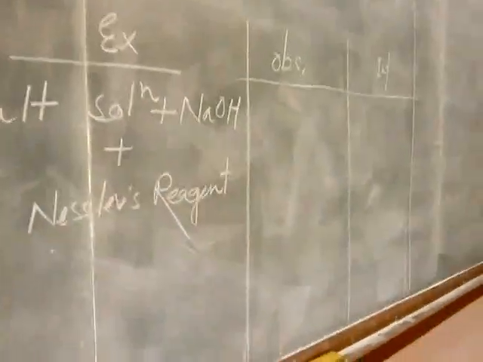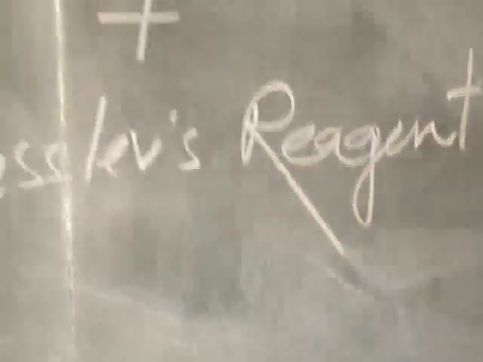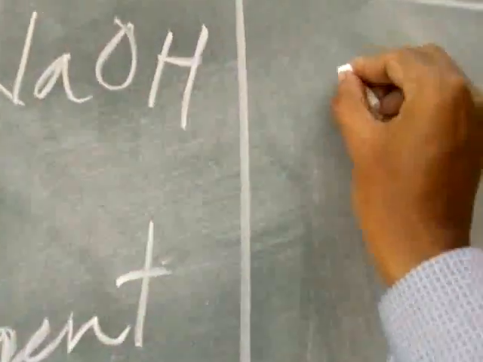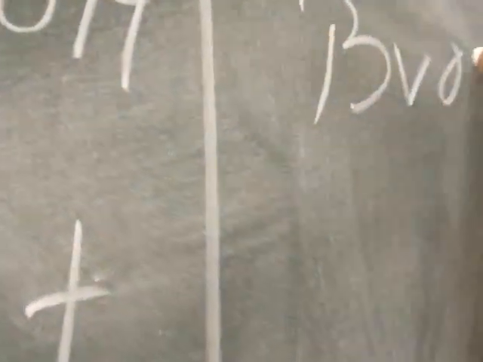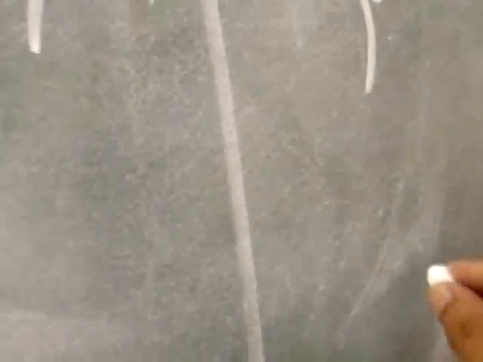So here we can write brown PPT, and in inference you write group 0 is present.